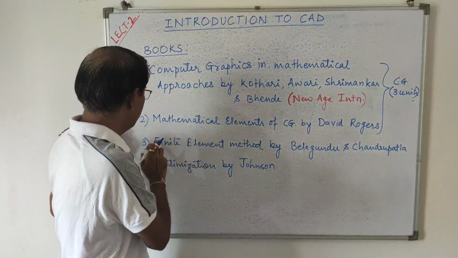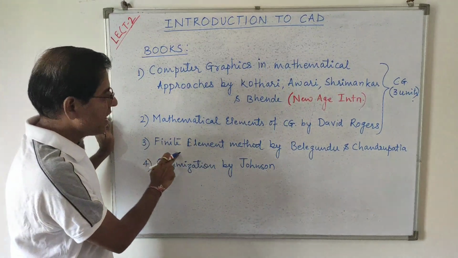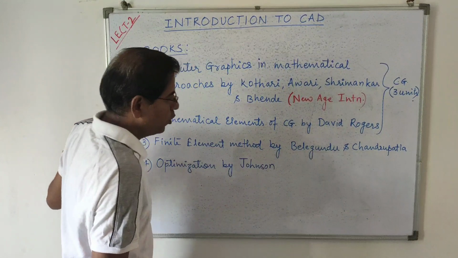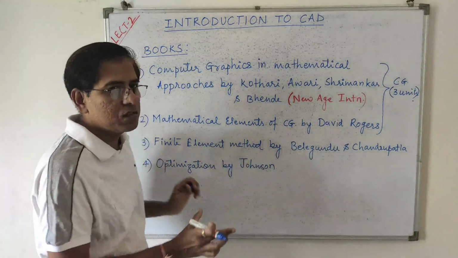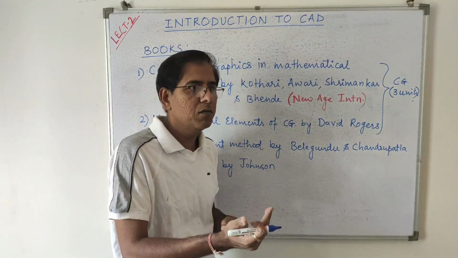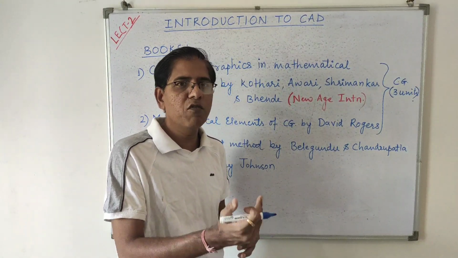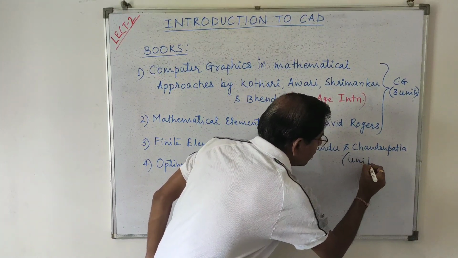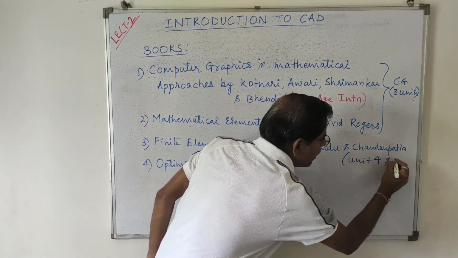Now, the third book is Finite Element Method by Belegundu and Chandrupatla. This is useful for the finite element method based units, that is unit number 4 and 5.